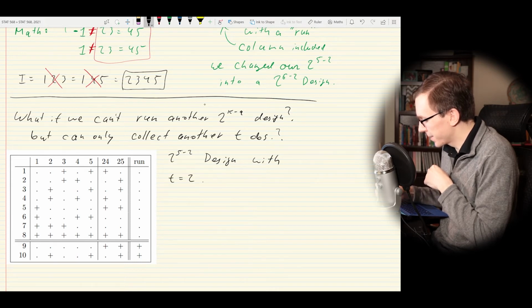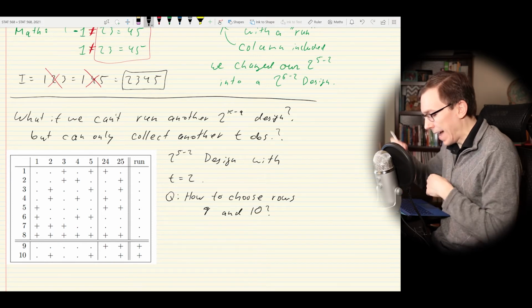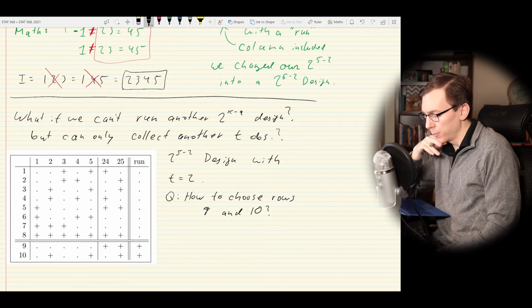So the question is how to choose rows 9 and 10. Now I have 2 rows filled in here, but how in the world do we choose what to test for 9 and 10?